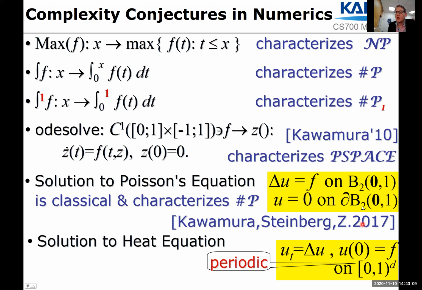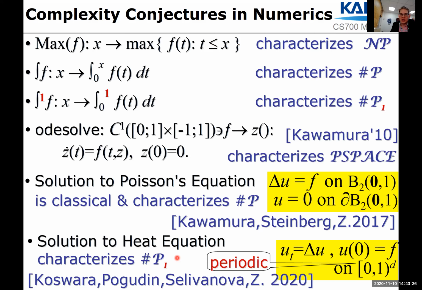Remember, we need compact domains in order to even have a meaningful complexity theory, and by making it periodic, we obtain a compact domain. This is very recent joint work with Svetlana, Gleb Pogudin, and Ivan Koswara. This characterizes the unary complexity class #P1.